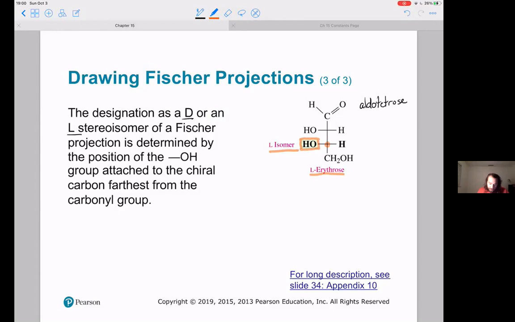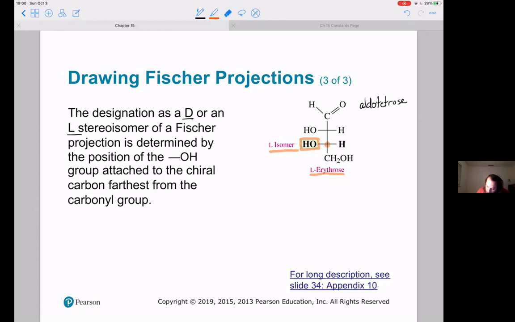Now, what it wants us to do is to give the enantiomer, or the mirror image, which would be D erythrose. Remember that in order to produce the mirror image, we're going to have to swap the positions of all those horizontal groups.